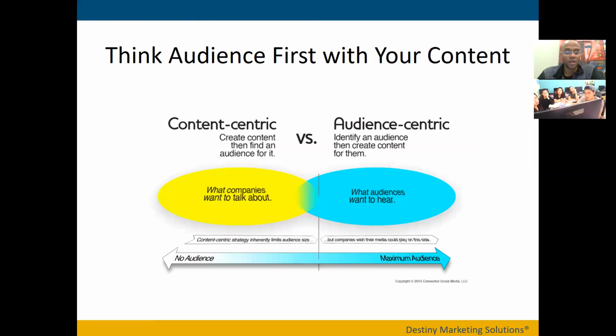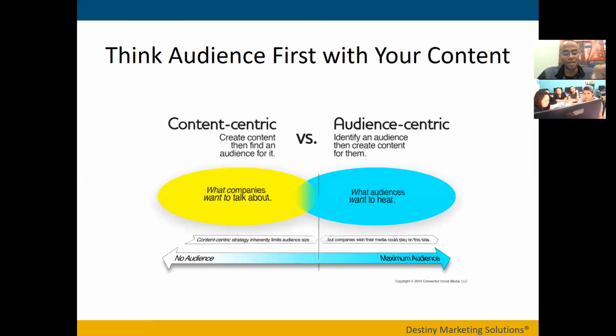And so how do you make sure that your content serves a purpose? In this graphic, we have two sides. On one end of the spectrum, we have content-centric focus. You pretty much write the content, you write the article, and then you try to find an audience for it.